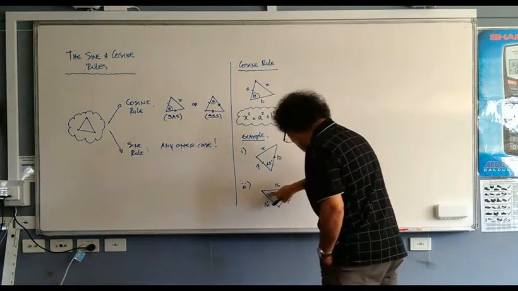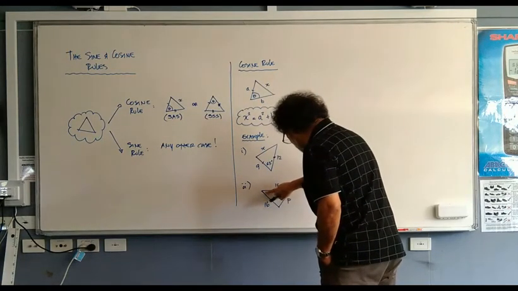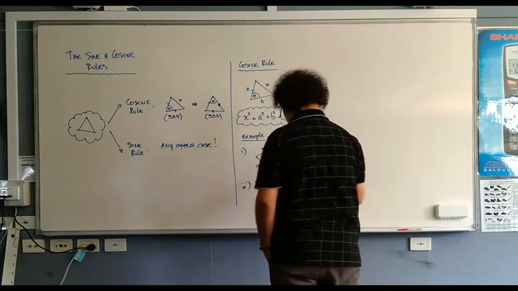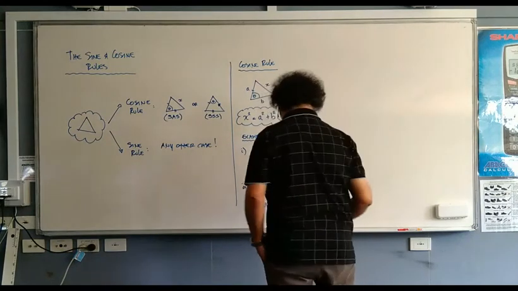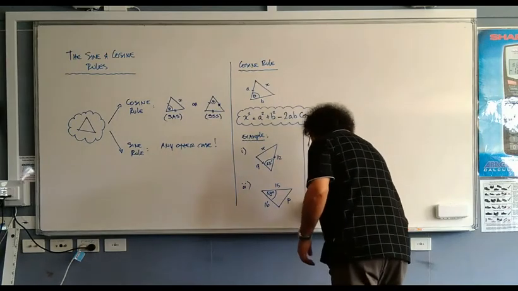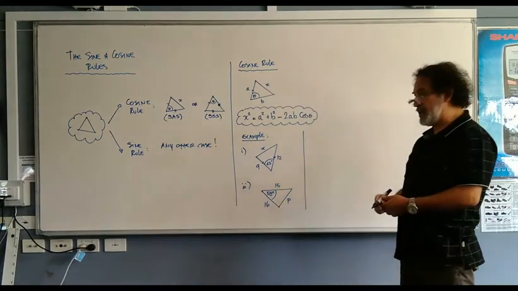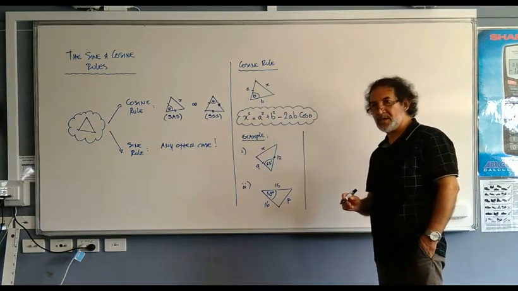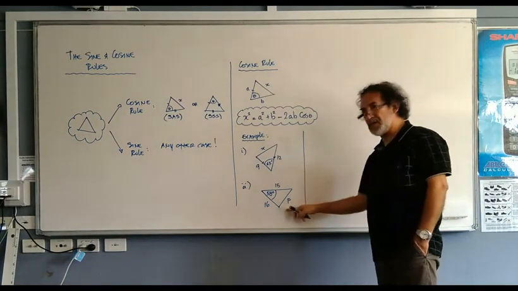And then we have this one, so it's 58 degrees. And the question is find the value of x and find the value of p.